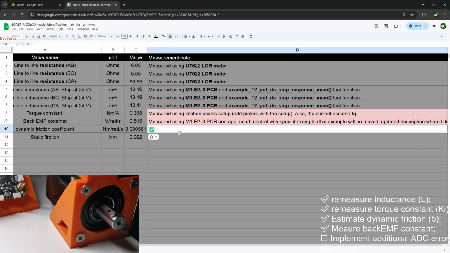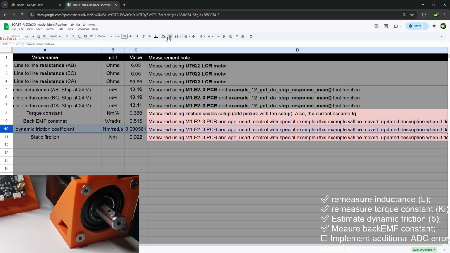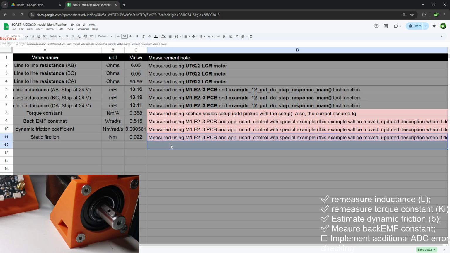And this was also done as part of this test. So this line is incorrect, and this line is correct. Do we have any other essential motor parameters we need to measure? Let me think. Let me remember the mathematical model.